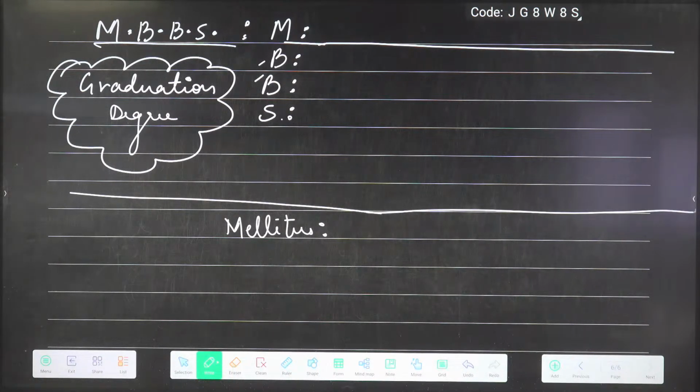Pranati, your answer is correct. Gitanjali, answer is correct. Okay. And Siniti, answer is correct. Honey, sugar. Sugar is the correct answer. Sweet. In fact, the best answer is sweet. Mellitus.